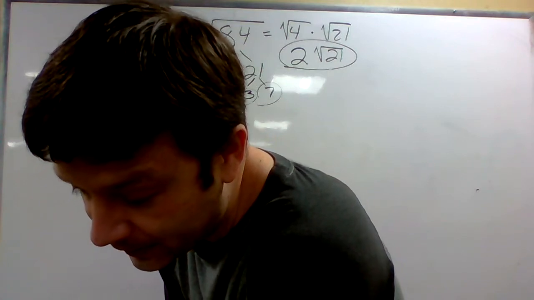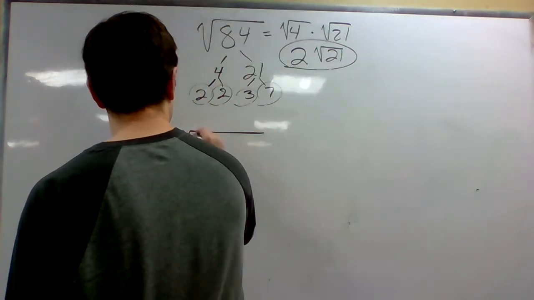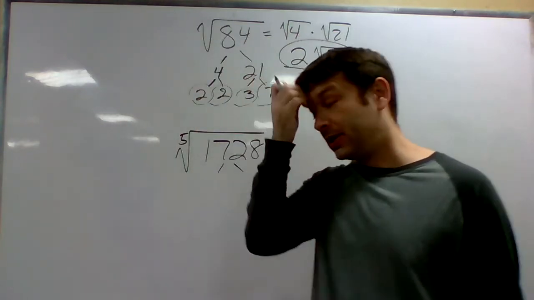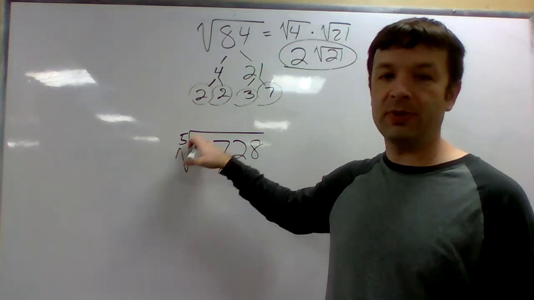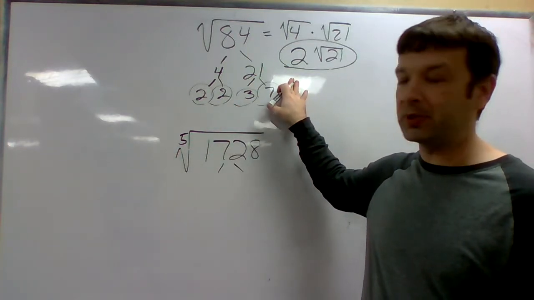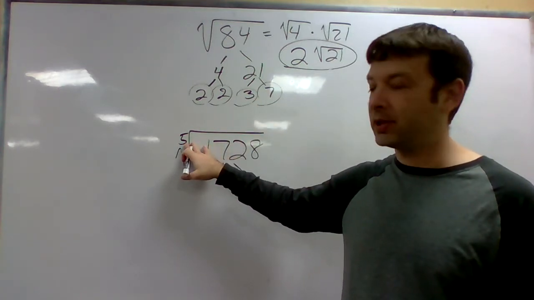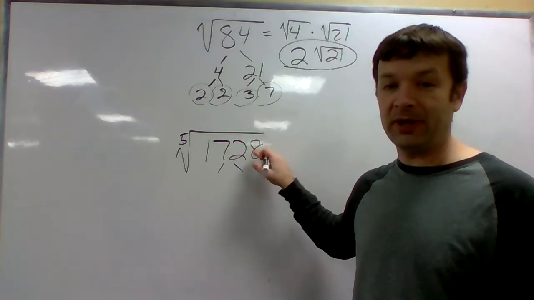12 is the fifth root of 1728. Okay, what's harder about this problem is it's a fifth root. So we're no longer looking for doubles. We're going to look for 5 of something. So probably there's going to be 5 of the same number that go into this.